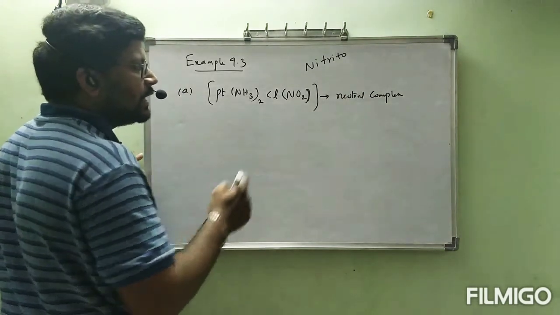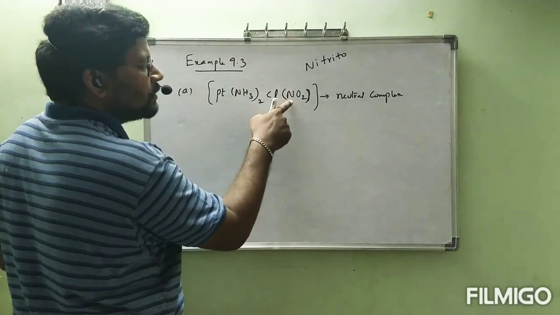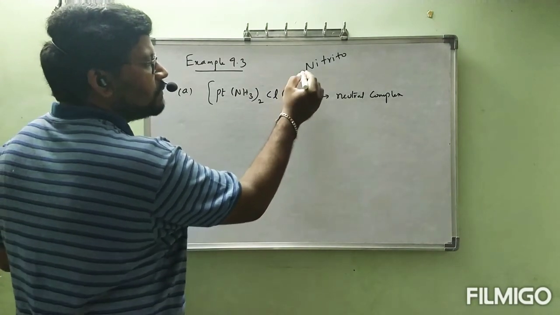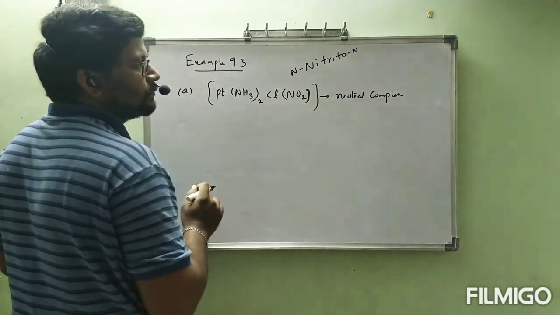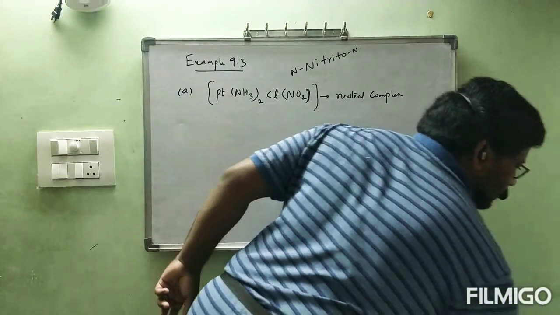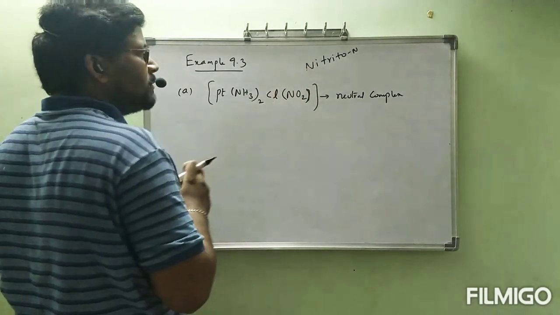The name of this NO2 is nitrito. They gave NO2, it is bonded with the help of N, so nitrito N. First we will write the name, after that we will see.